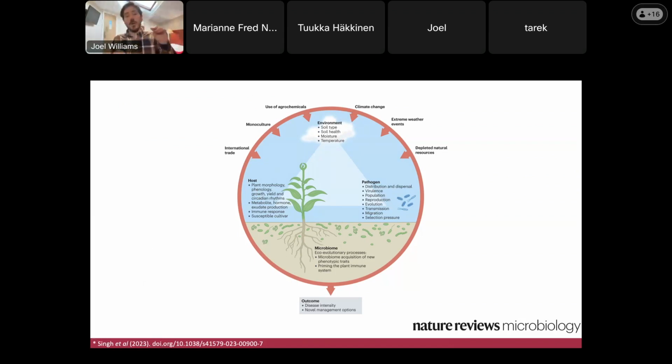And if you've got the host present, and the pathogen is present, but the environmental conditions are not right, then that pathogen cannot cause disease. Even if the environmental conditions were right, but the pathogen is not present, then of course you're not going to cause disease either.